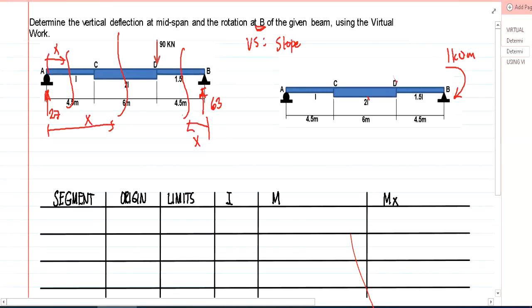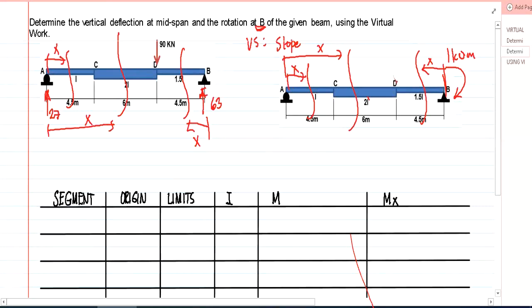Okay? So pagka ito yung cutting segment natin for our real system, ganon din sa ating virtual. Parehas dapat yung cutting segment natin. Okay? So ganyan pa rin yung cutting segment natin. So we have 3. Okay?